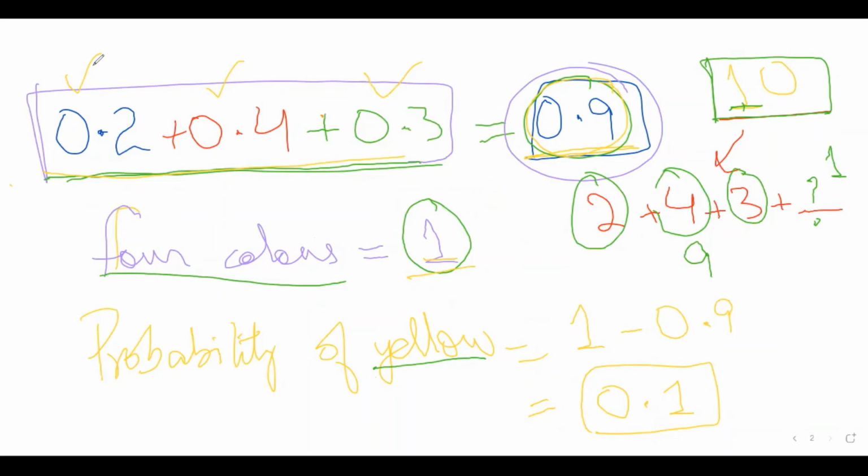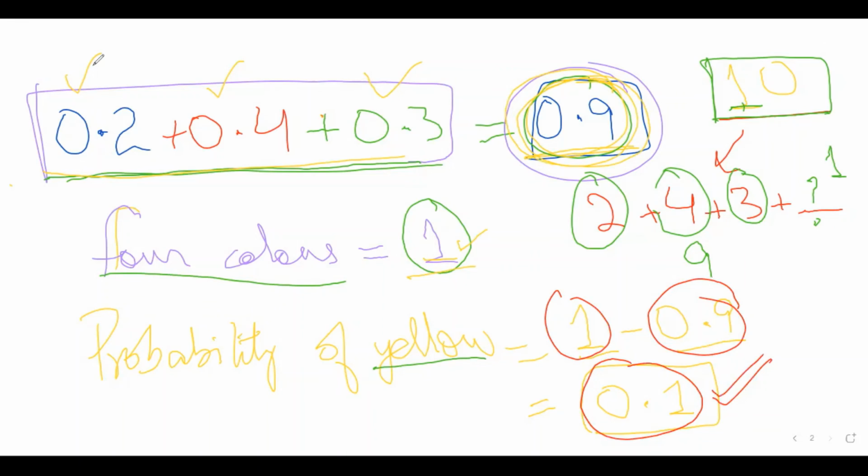So the total probability of 4 colors is 1 and the probability of 3 colors is 0.9. So from here we can find the probability of yellow. When we subtract 0.9 from 1, we get 0.1, which is the probability of yellow.